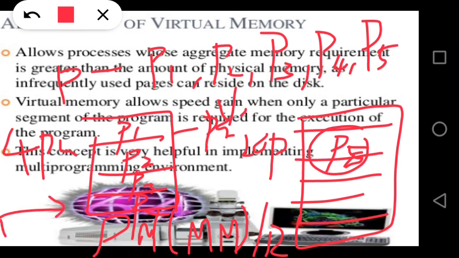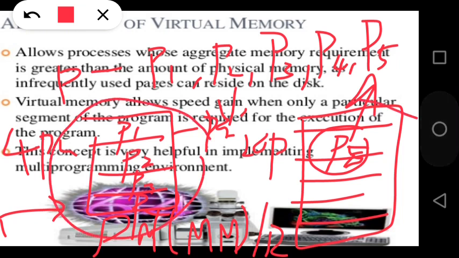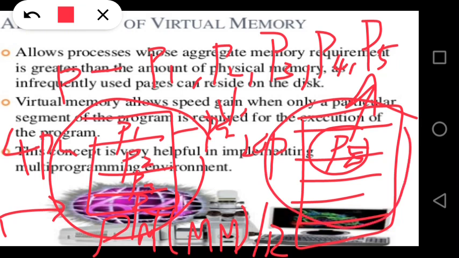Now if the CPU, the processor, issues an address to execute an instruction related to P5, P5 is not in the main memory. So the programmer issued an address which refers to a page which is not available in physical memory. Rather, that page is available in secondary memory.